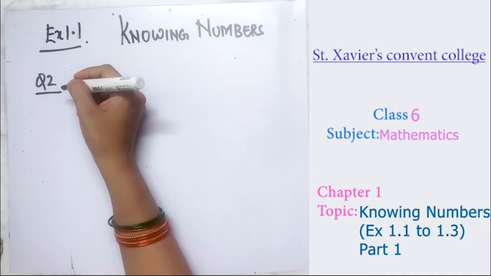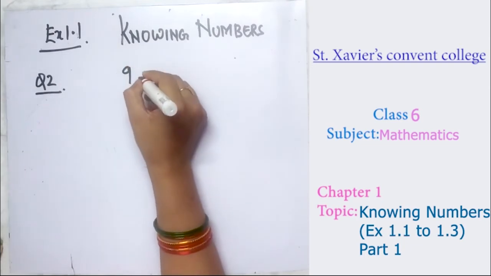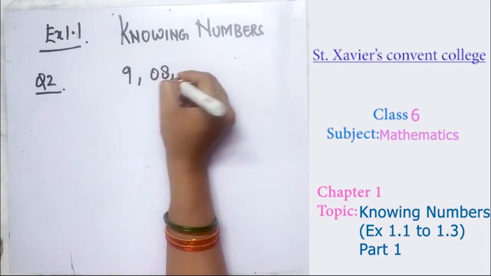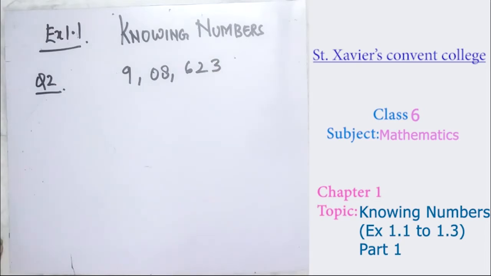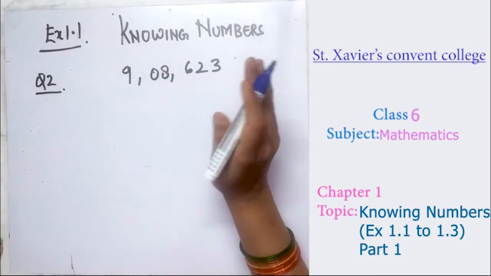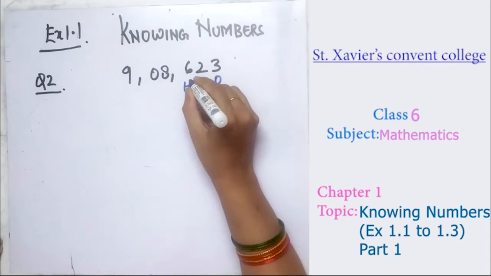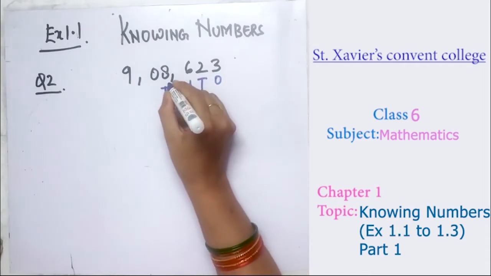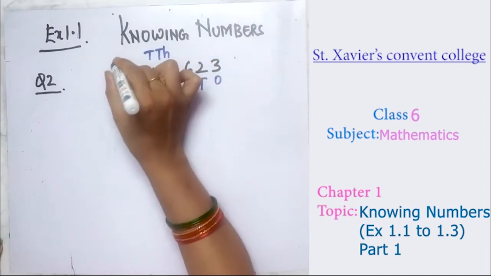Now the question number 2: write in the expanded form. You have to write the expanded form of the number 908,623. First, you have to name the place values: ones, tens, 100, 1000, 10,000 and lakhs.